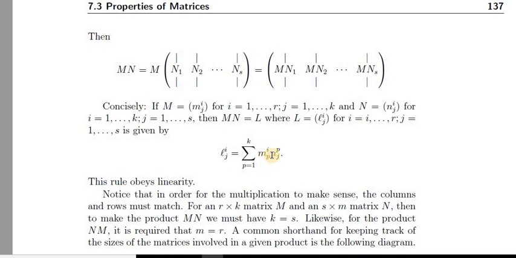Notice that this subscript p and the superscript p are the same. This p is called a dummy index because on the left-hand side the p doesn't appear, because this summation means the p is a varying index and has no set value, but after you've run over the entire sum, that gives you a result, L_ij.